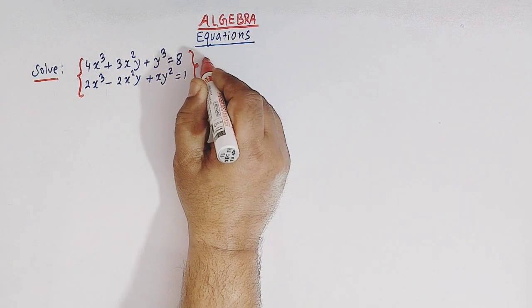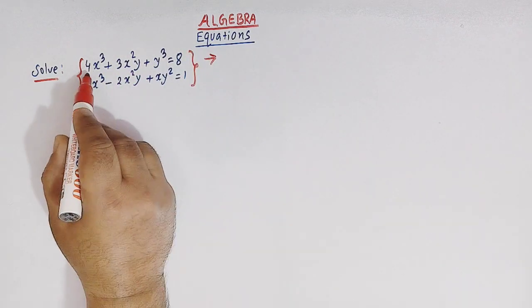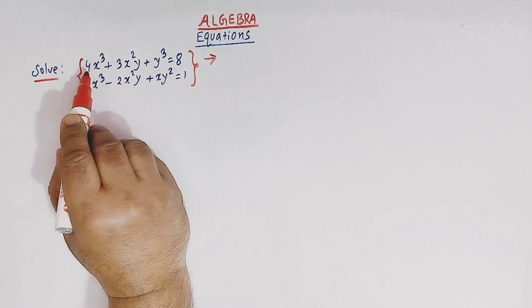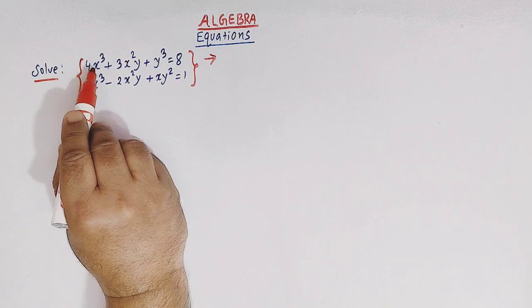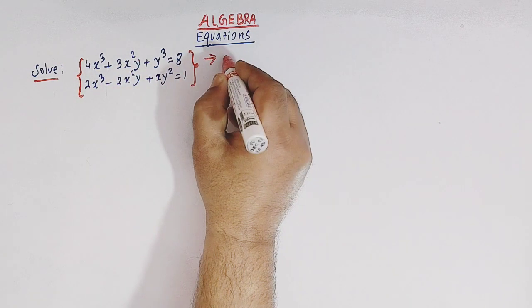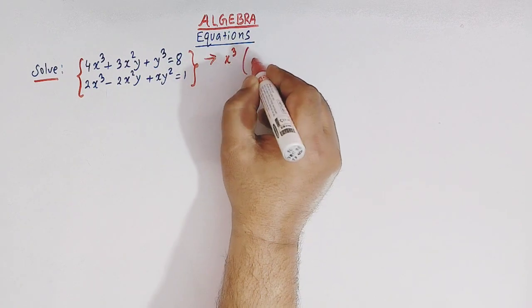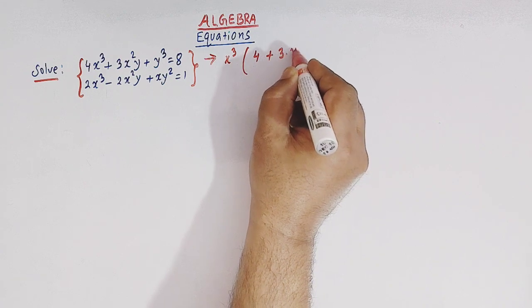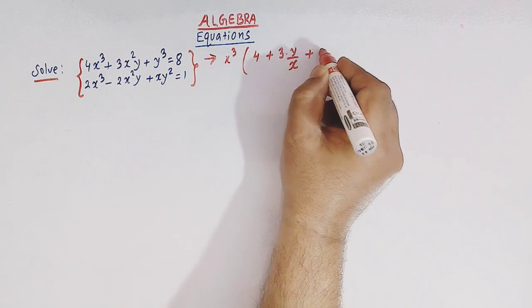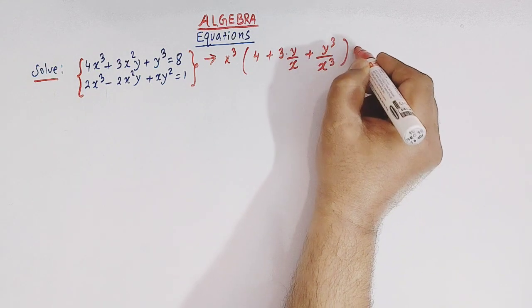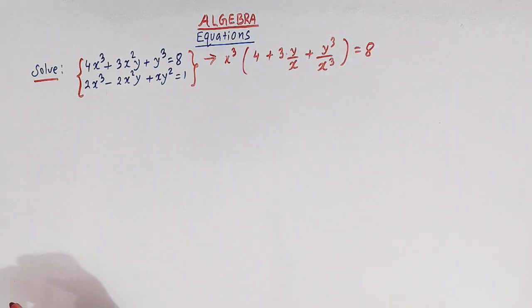Okay, so now let us first write this first equation in the form that is we can take x cube common from the left hand side, right? So we have x cube, and here we have 4 plus 3 times y over x plus y cube over x cube, and that is equal to 8, right?